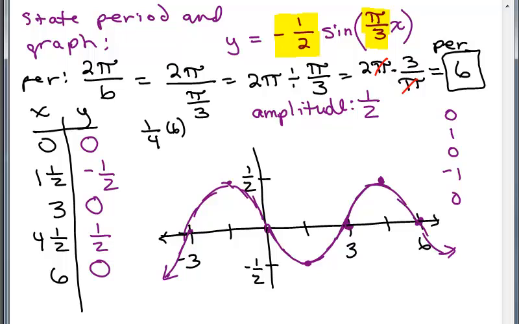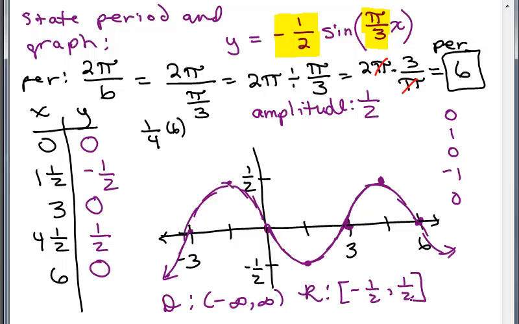Just for fun, let's write down what the domain and the range are. The domain is always the same in the sine or the cosine function, -infinity to infinity. What's the range? The very bottom and the very top y coordinate goes between -1/2 and +1/2.